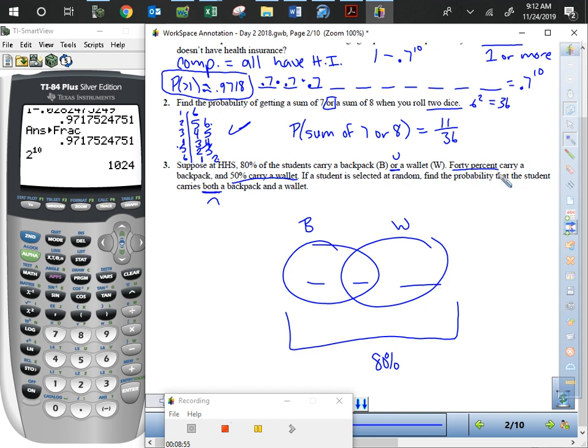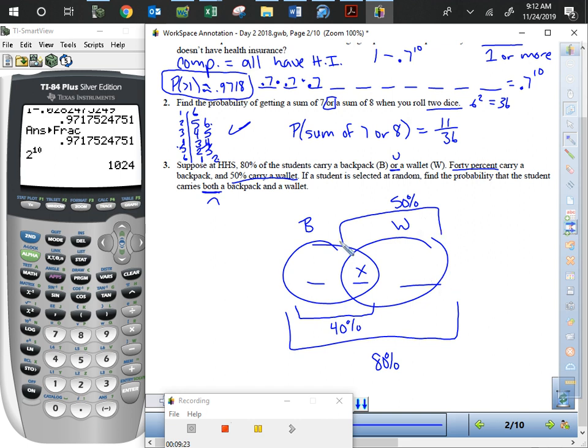Then it says that 40% carry a backpack, so that means this section of the left circle all the way through is 40. And wallet gets to be 50%. But again, if I take 50 plus 40, I go over that 80%. That's because this middle ground that we're trying to solve for gets counted twice.